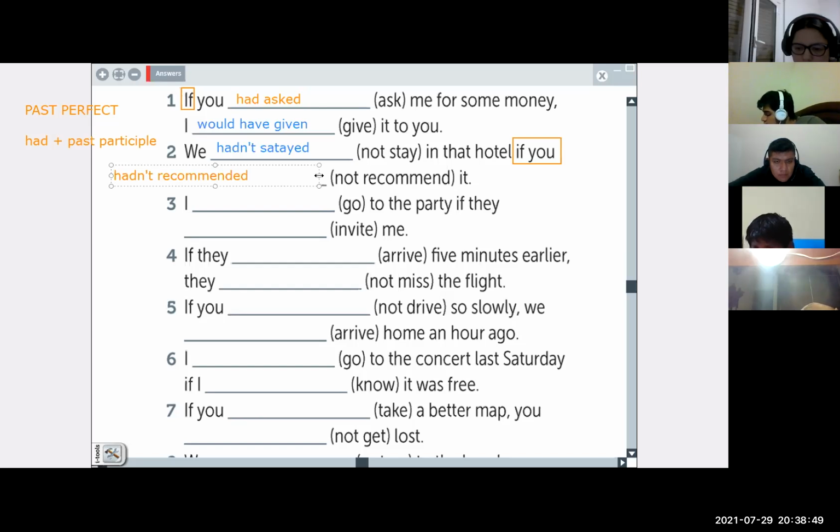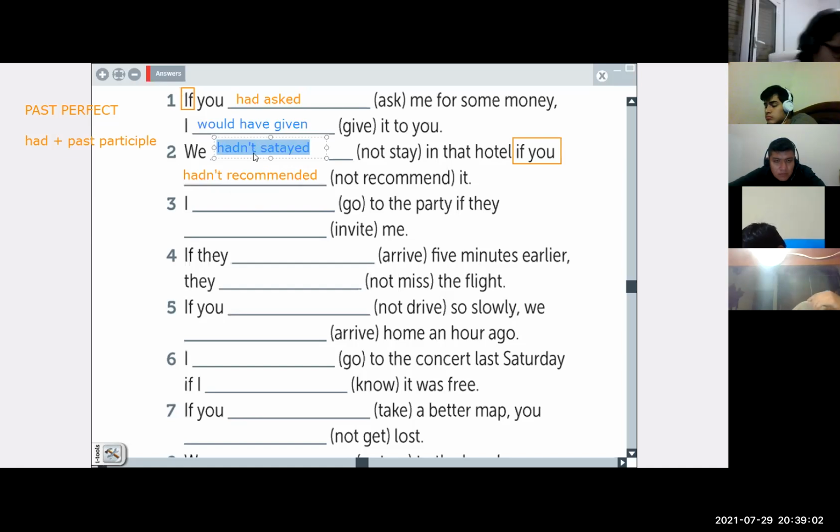Ok. Y ahora tenemos acá el resultado de esta condición. ¿Qué utilizamos para el resultado? Would, and have. Ok, entonces, ¿cómo sería? We wouldn't have. Very good. We wouldn't have stayed. Ok, entonces esta sería su oración.